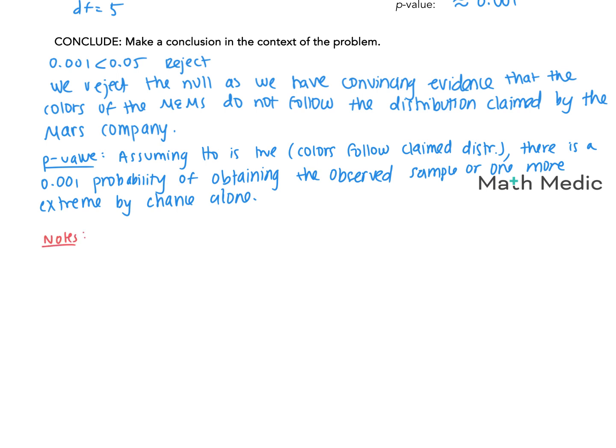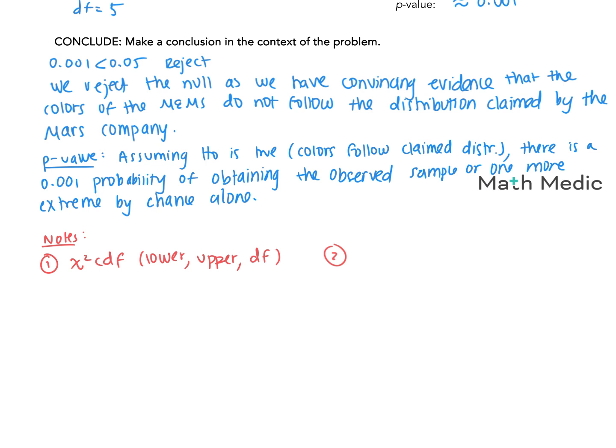There's a few other things I want us to write down before we do an example. Any questions for me? Okay. First thing I want us to know is the chi-square CDF. It is always going to be lower bound, upper bound, degrees of freedom.